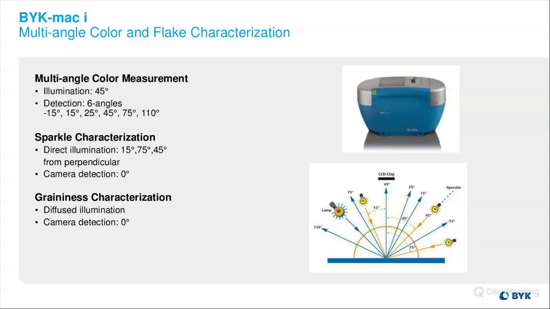So if you're ever comparing with the BYK-mac, make sure you're taking the measurements in the same way that you took the measurements on the standard, or else sometimes your values won't correlate to one another. Yeah, that process has to be locked down. That's for sure. Right. SOP. Yeah, exactly.